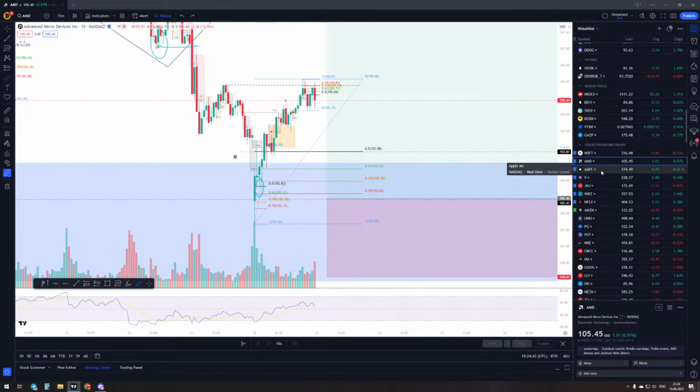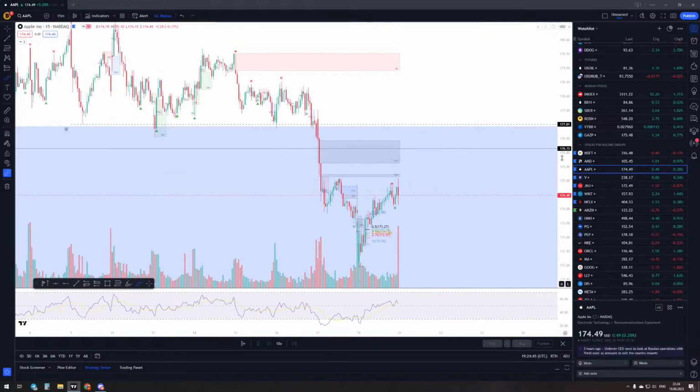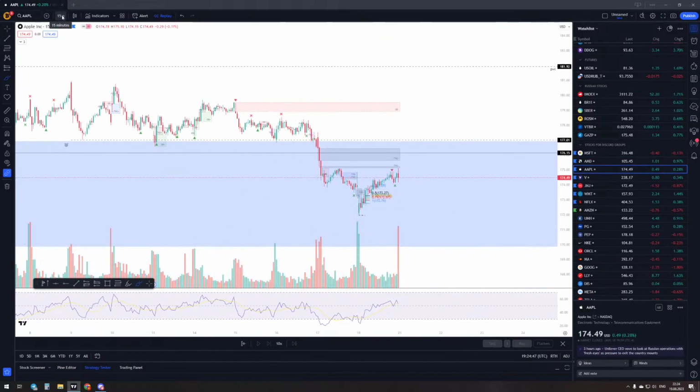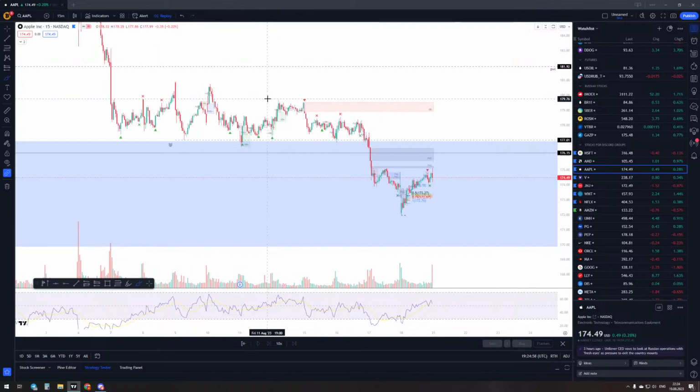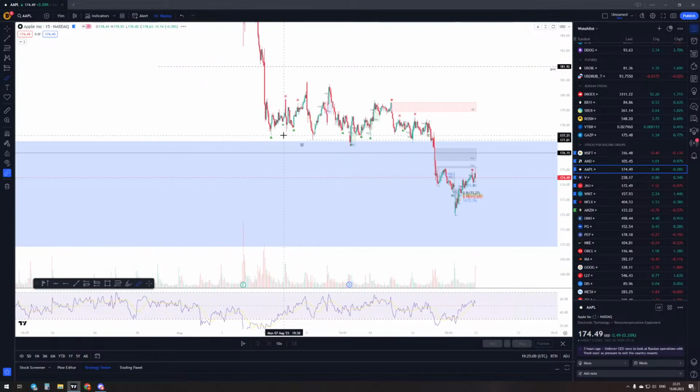Okay, next trade is going to be Apple. Apple is one of the biggest companies in the world, probably the biggest one with the biggest capitalization. I had entry at 177.3.